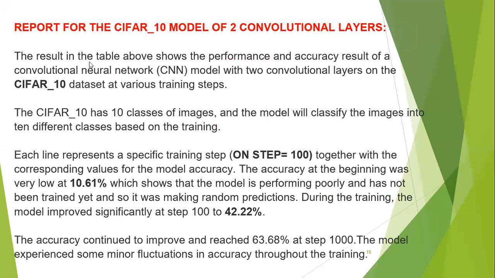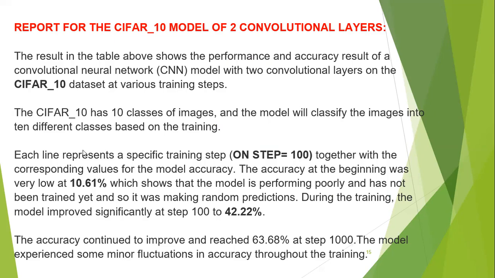The result in the table shows the performance, or the accuracy, of our convolutional neural network model with 2 convolutional layers at various steps. CIFAR-10 has 10 classes, and the model classified the images into 10 different classes based on the training.